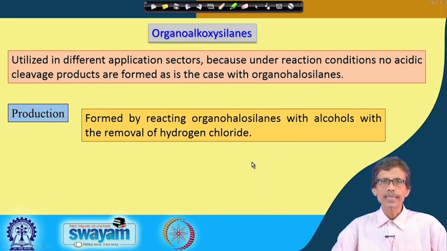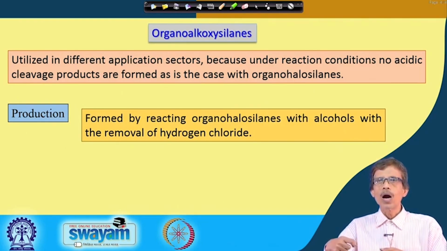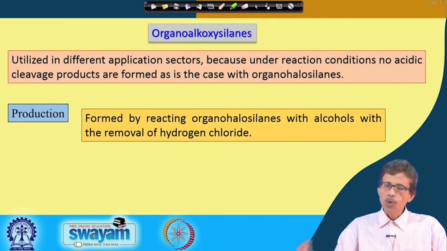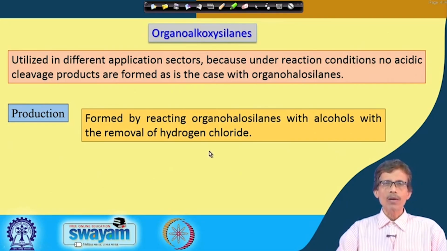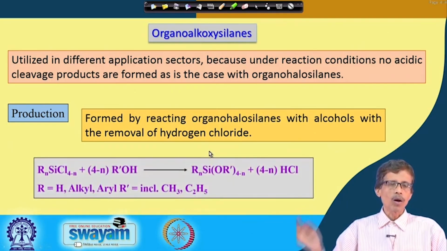If we directly react with alcohol, because alcohol is nothing but ROH, we bring that RO function onto silicon, and along with that you replace the corresponding SiCl bond. So the SiCl bond will be lost, and you introduce a new SiOR bond. That SiOR bond converts the molecule to an alkoxysilane form from your organosilane unit.